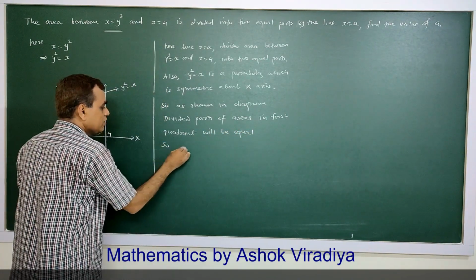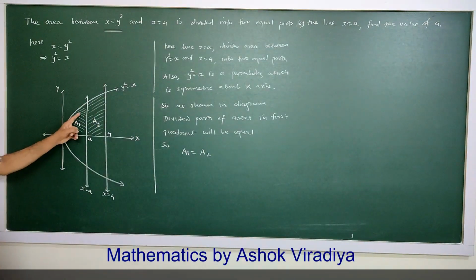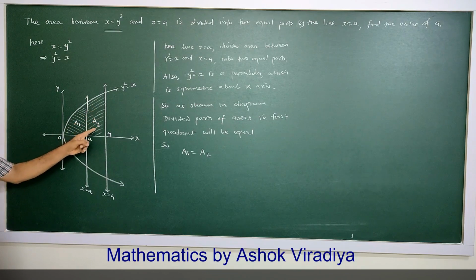So A1 is equal to A2. The area of this region is equal to the area of this region.